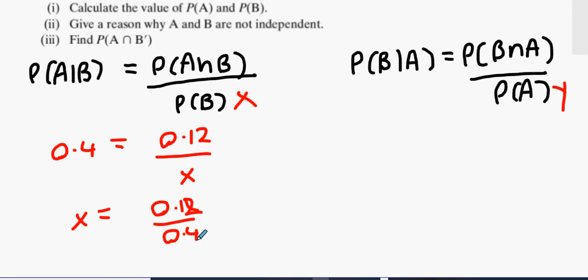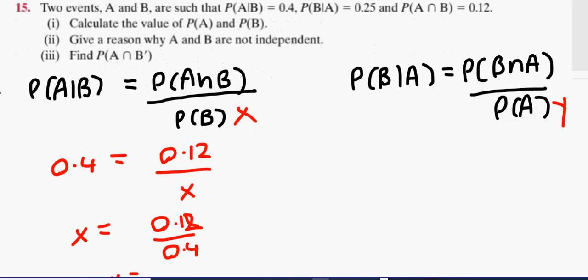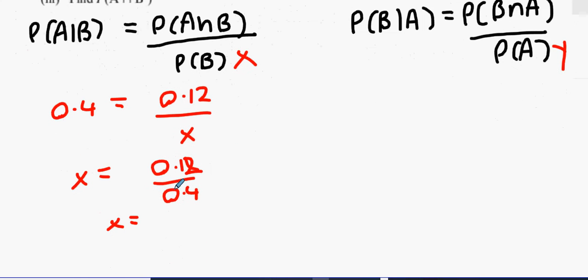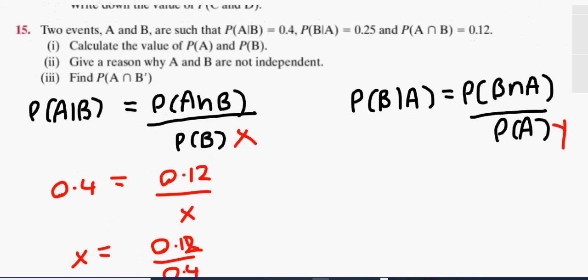And what is 0.12 over 0.4, anybody? So what is it? 0.3. Thanking you, Mick. 0.3. P(B) is 0.3. Okay, next one is probability of B happening given that A has already occurred. It's 0.25.